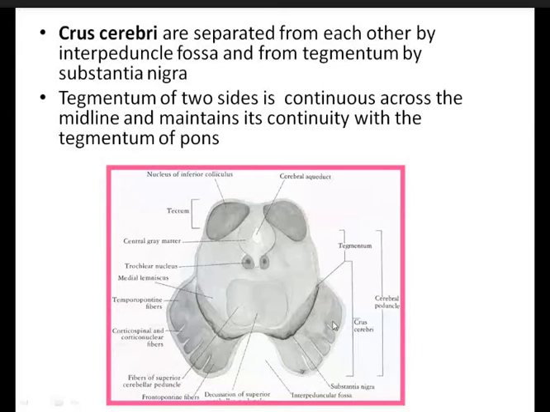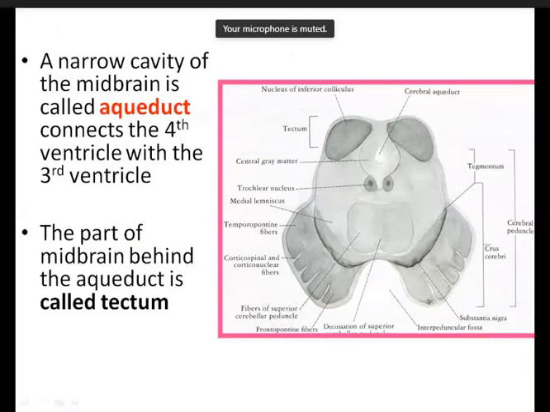So cerebral peduncles are divisible into crus cerebri, substantia nigra, tegmentum and tectum. The narrow cavity of the midbrain is called the aqueduct, or aqueduct of Sylvius, which connects the third ventricle with the fourth ventricle, and the part of the midbrain behind the aqueduct is called the tectum.